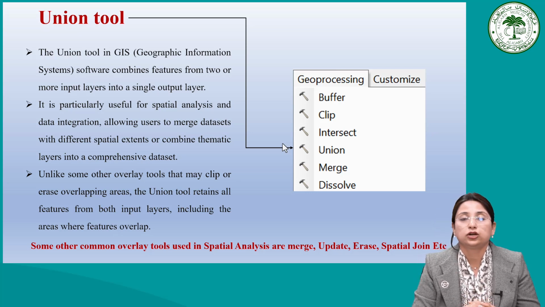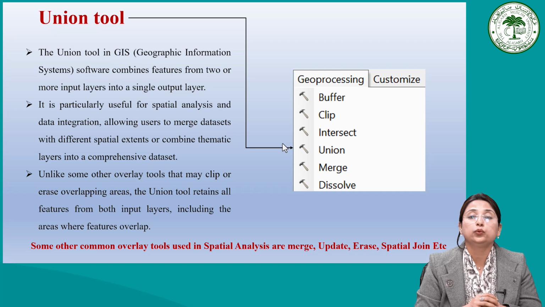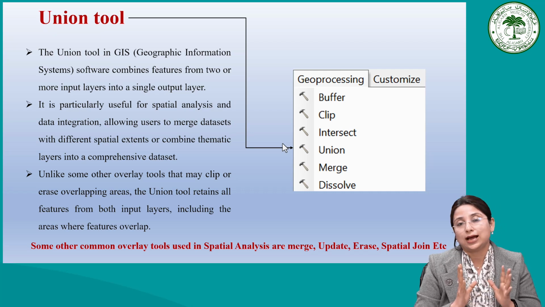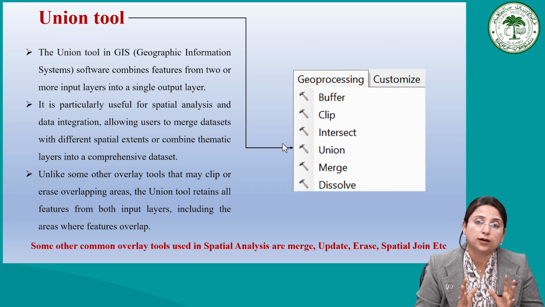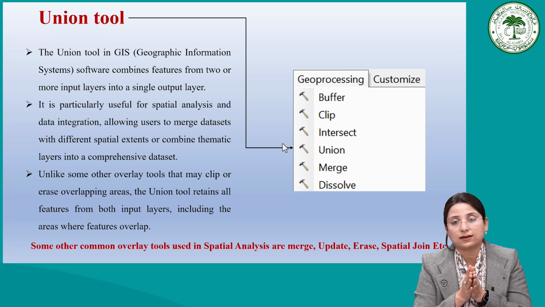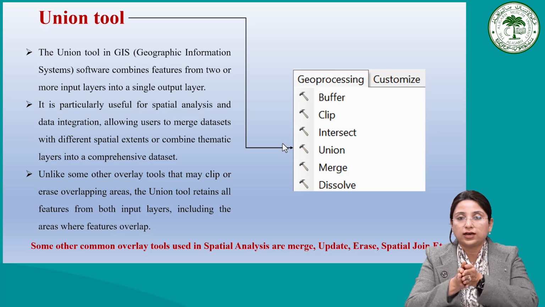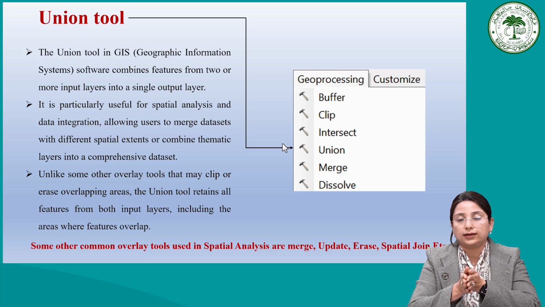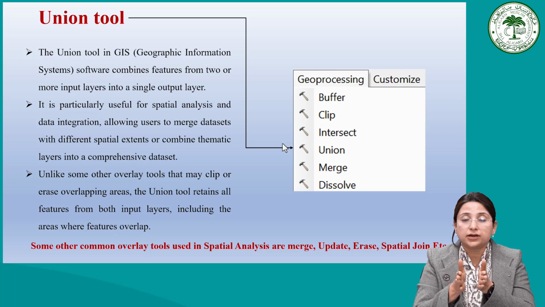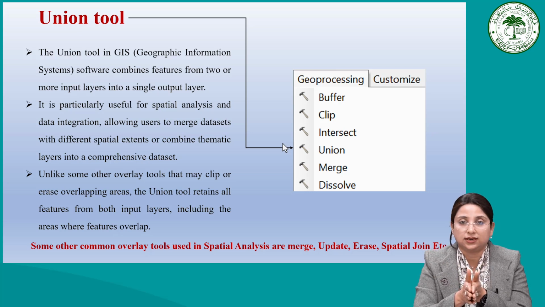Another very important tool is the union tool. Union, as the word suggests, means we are uniting something. Union tool means there are two input layers and we are uniting them, merging one layer with the other layer.